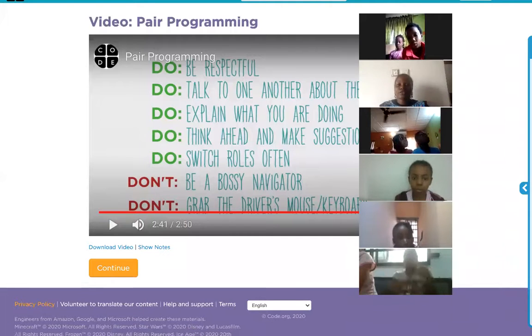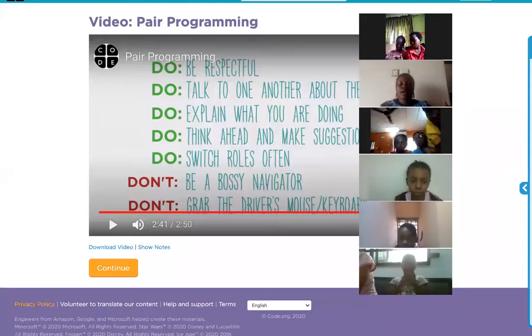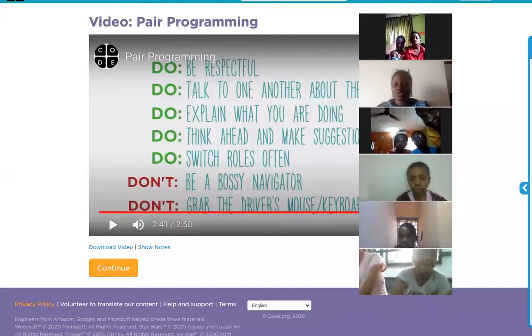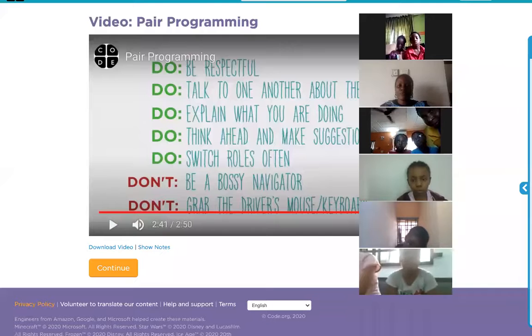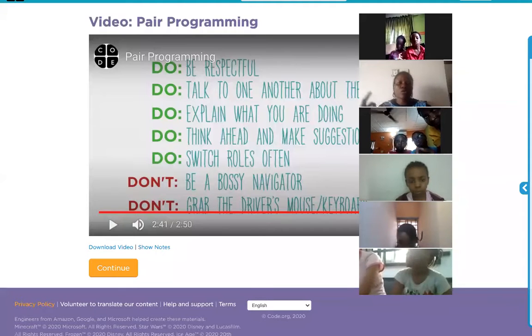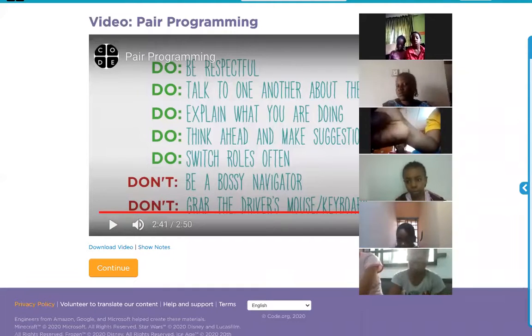The driver is the person that owns the mouse and sits right in front of the computer and controls it, while the navigator helps the driver make certain decisions, or if there is an error, tells the driver, oh, you made a mistake here, you made a mistake there.